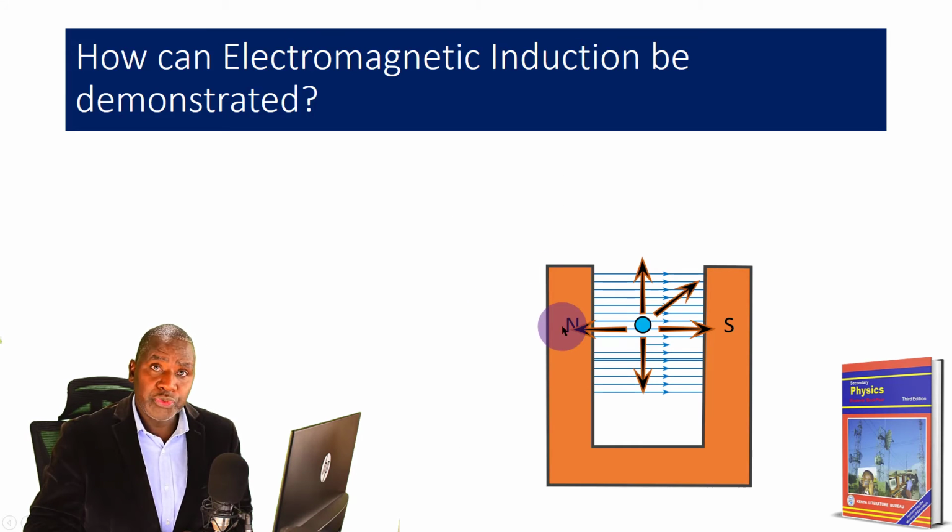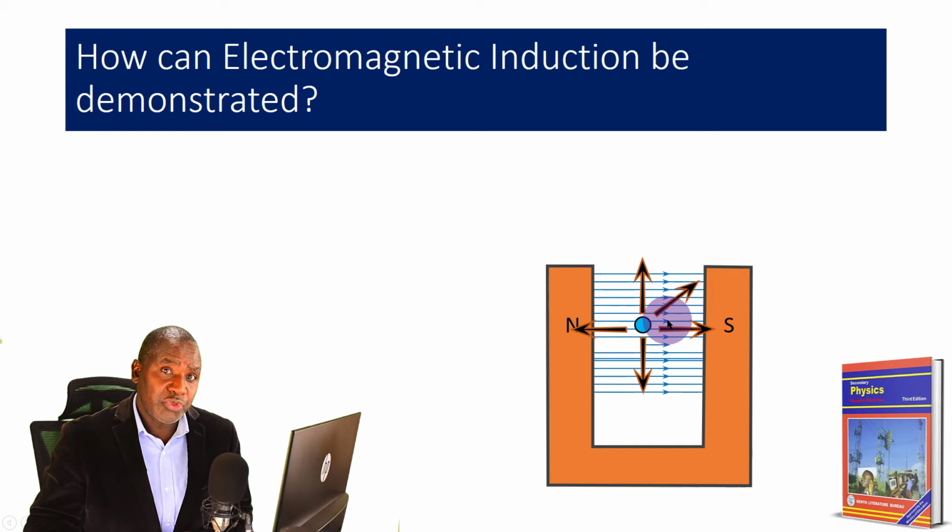And then what do you do? You move the conductor in different directions, up or downwards, in such a way that the conductor cuts the magnetic field, to the right or to the left, in such a way that the conductor moves but it does not cut any magnetic field, or it remains stationary in the magnetic field, or it moves into and out of the plane of this paper, or finally it moves at an angle.